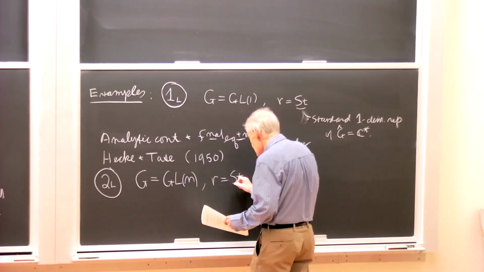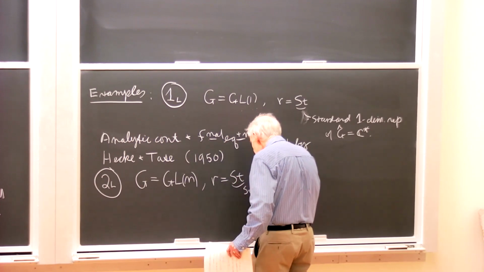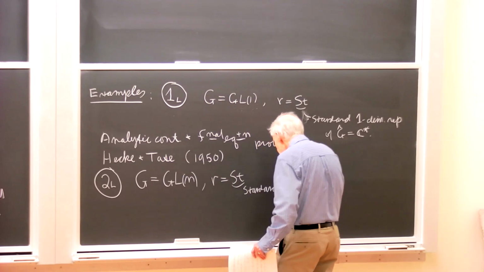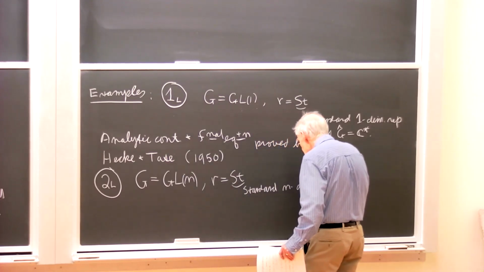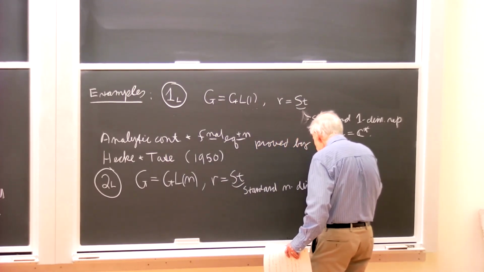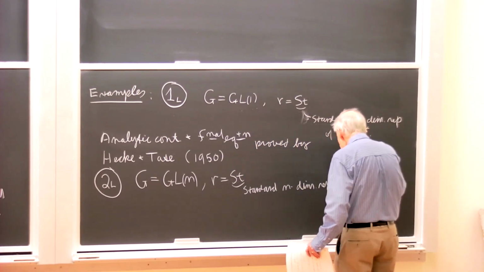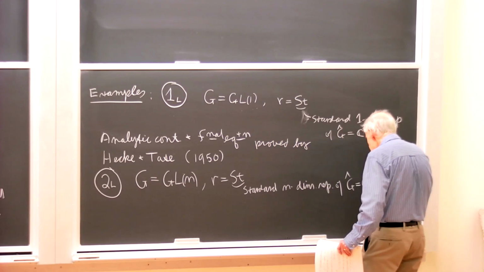So this is the standard n-dimensional representation of G hat, which is GLN(C) in this case.